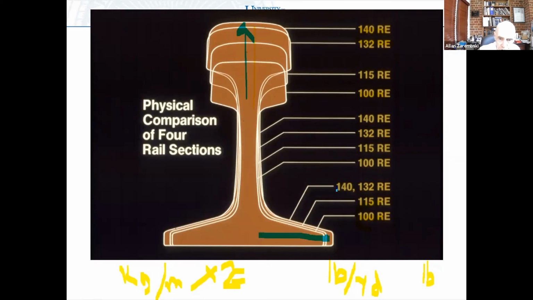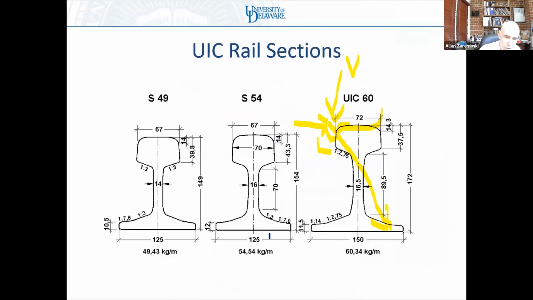So you notice the 140 and 132 RE rails, so the 70 and 66 kilogram rails, tend to have a wider base, about 150 millimeters, as opposed to the smaller sections, which tend to have about 125 millimeter base. And again, you can see that over here.